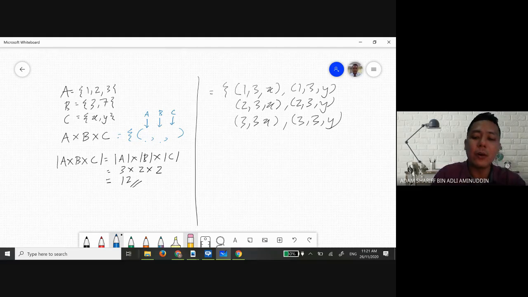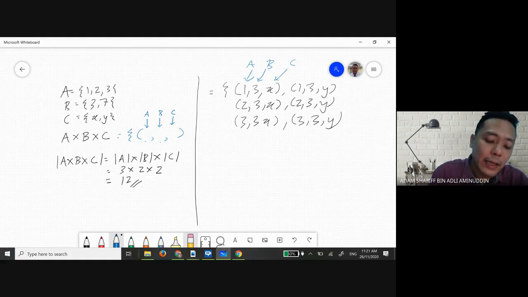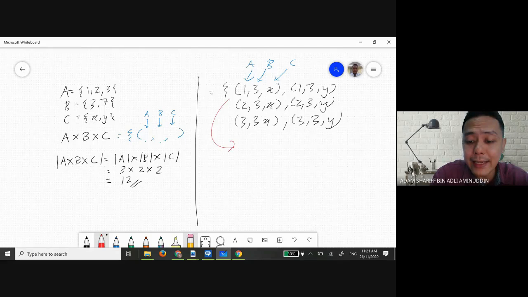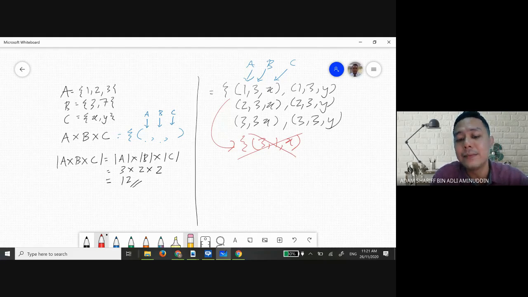Before I proceed furthermore, as you can observe, this one comes from A, again, this one comes from B, and this one definitely from C. It means that if you write it wrongly like this, 3, 1, X, dah salah. Because there is no 1 from B. 3 mungkin ada, tapi 1 tak ada. So make sure you be careful on that mistake. Okay, saya undo.